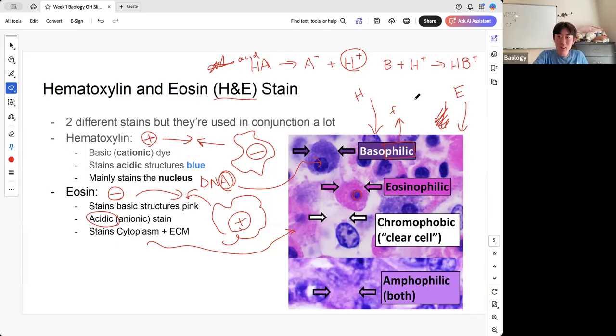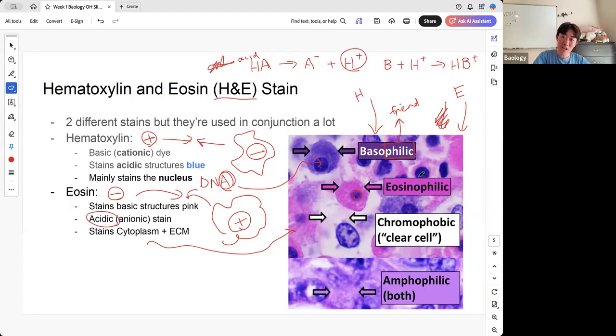Like my username on AOPS is biophile because I am a friend of biology. Brief tangent. But because hematoxylin is a basic dye, these blue parts are friendly to the basic dye. They're like, come here, basic dye. So that's why they get stained blue, because they attract this basic dye, hematoxylin.